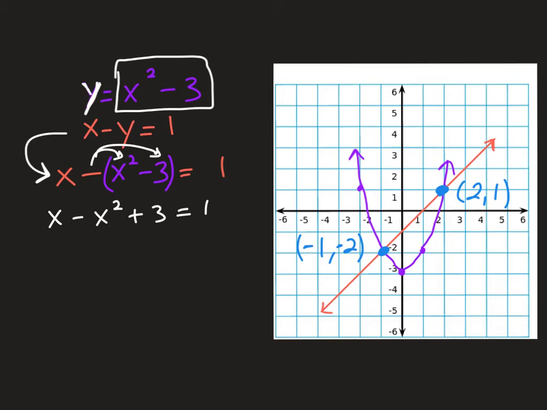Okay, now with quadratic systems, we're going to end up with some kind of x squared. And some kind of x squared means that I can't necessarily solve it like a linear. I can't just get x alone. I'm likely going to have to do some kind of quadratic procedure, like factoring, or maybe complete the square, or maybe the quadratic formula.